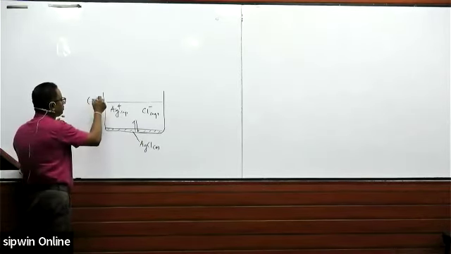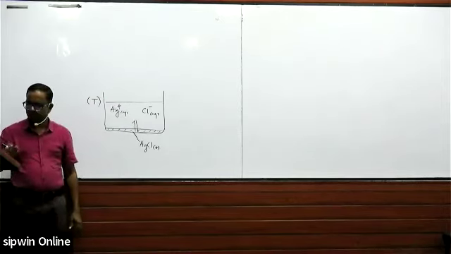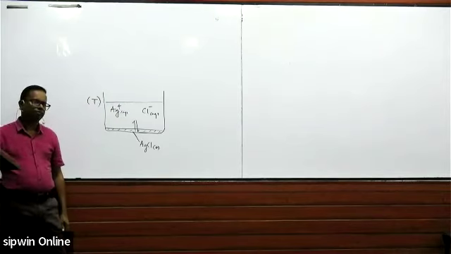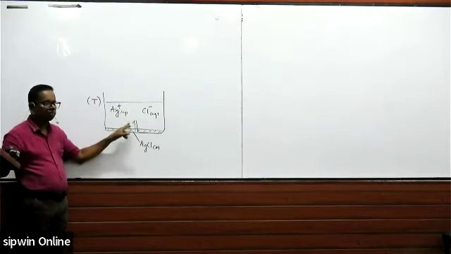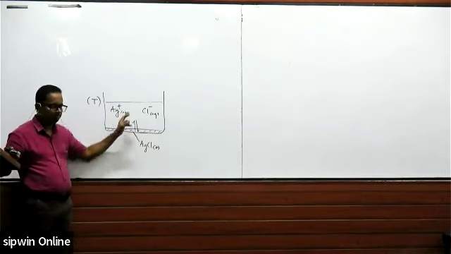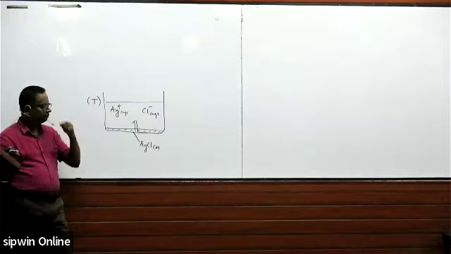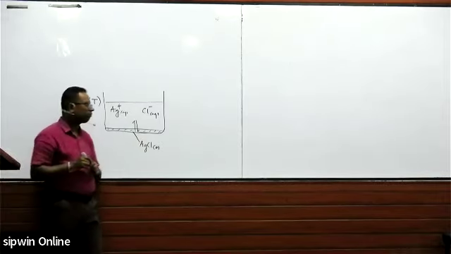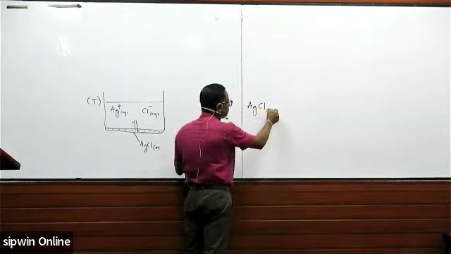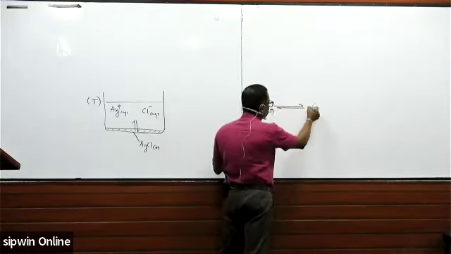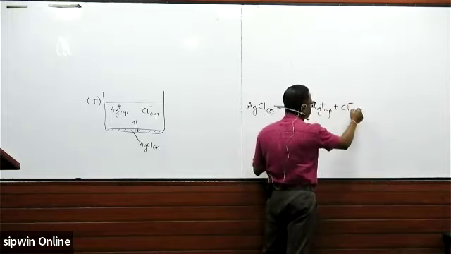Temperature should be fixed. Definitely this one should be a constant because the rates here are equal, because it's in equilibrium. In front of that one, it's silver chloride solid, Ag+ aqueous, Cl- aqueous.